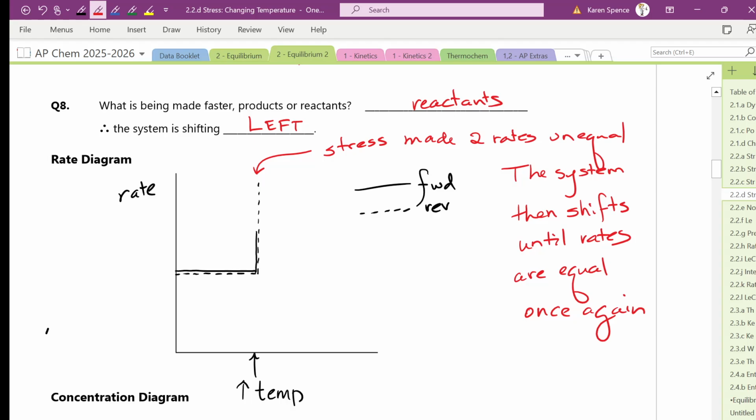So what's going to happen to our reverse rate? It's going to have to decrease, and the forward rate is going to have to increase. And in what fashion do they do so?